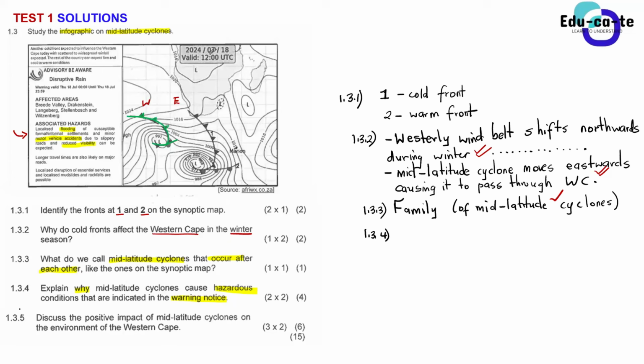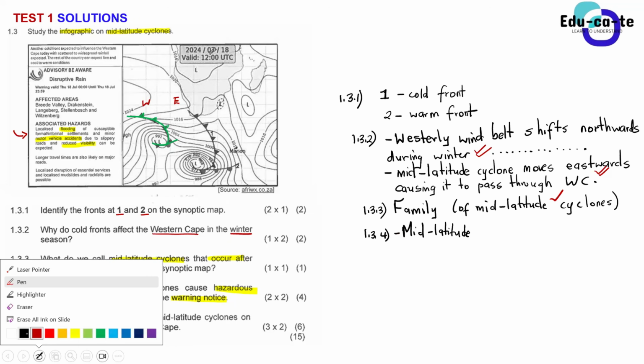Because mid-latitude cyclones lead to the formation of cumulonimbus clouds, which are associated with heavy rains. So heavy rains bring flooding to the informal settlement. Yes, so here we're explaining the first hazard that was provided in this infographic: localized flooding.